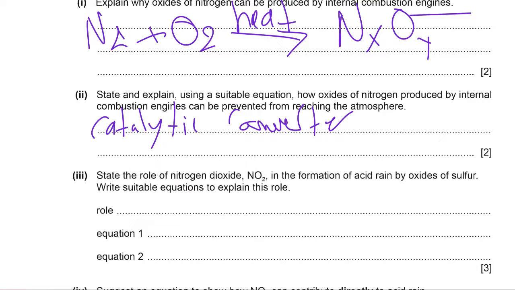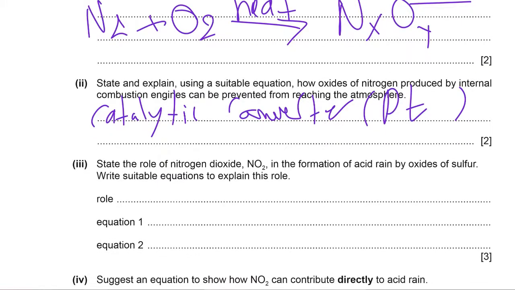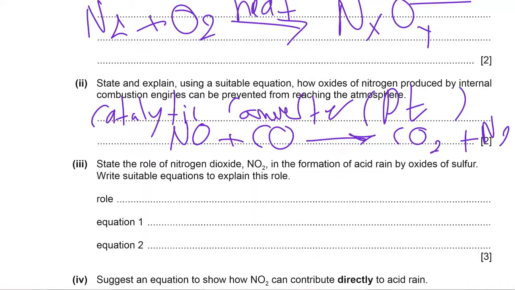So if you use the catalytic converter, in the presence of platinum, because catalytic converters use platinum, you will have this reaction between nitrogen monoxide or dioxide, but here we will consider nitrogen monoxide plus carbon monoxide. In the presence of the catalytic converter, you will form carbon dioxide and nitrogen.